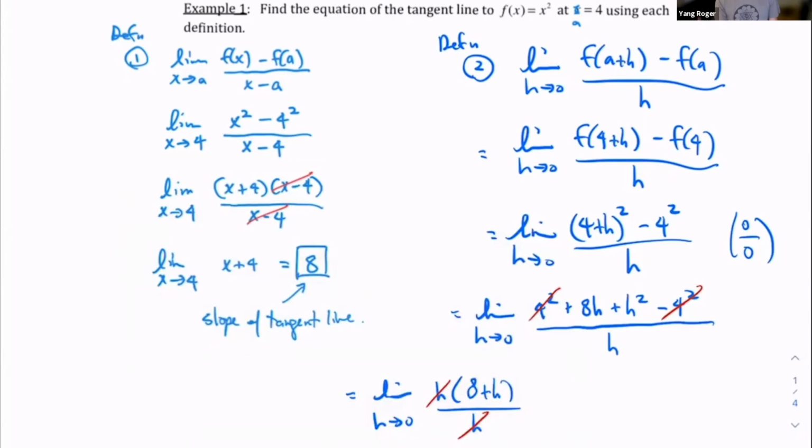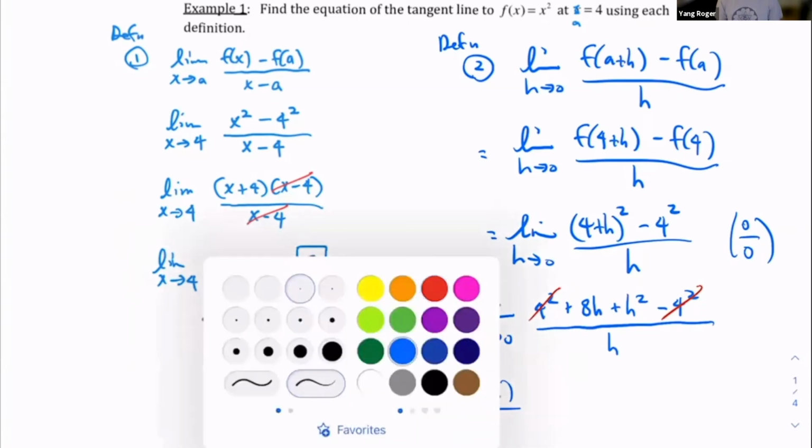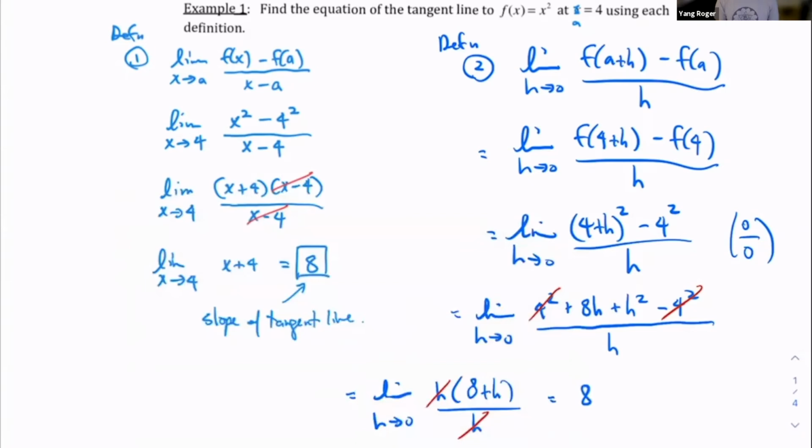At this point, since I've gotten rid of the 0 in the denominator, I might as well just try the direct substitution property again. This time when I plug in a 0 for h, I'm going to get an 8 popping out. So my answer is going to be 8. So either way I do it, I get 8 for my slope.